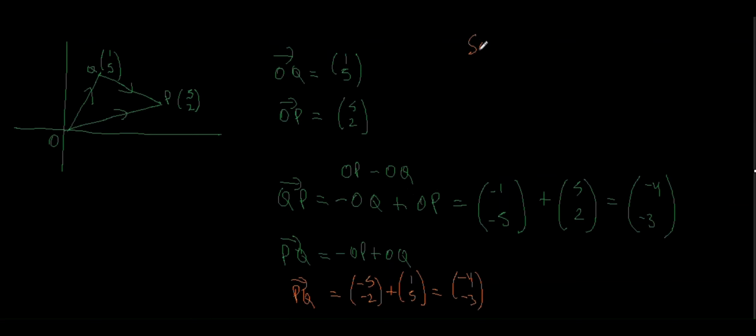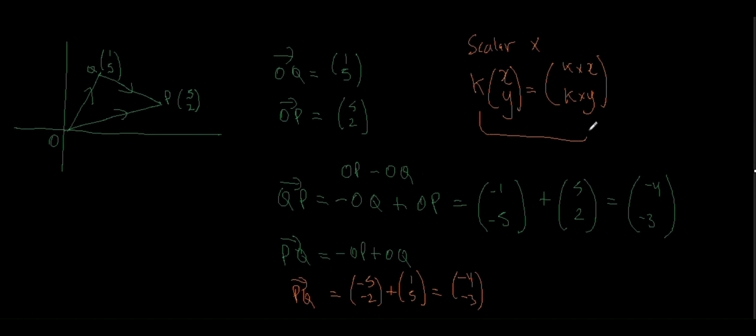Scalar multiplication is defined as: if k is a constant and you have a vector of the form x, y, you just say kx, ky. So it was minus 1, so minus 1 by 1 is minus 1, and minus 1 by 5 is minus 5. That's what I used here, scalar multiplication.